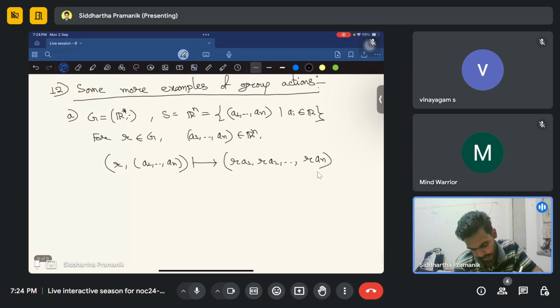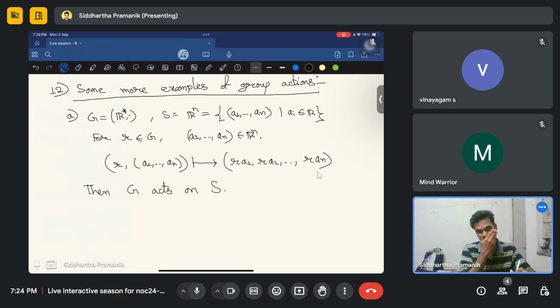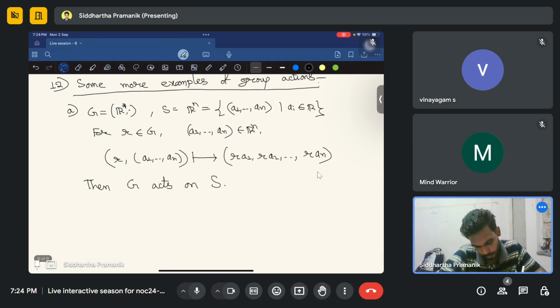So this is a group action when G acts on S. So I hope you are able to understand the function.